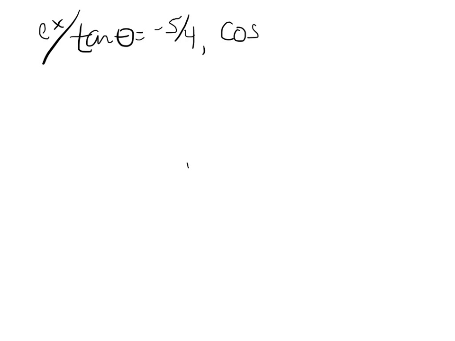So here's a little example problem. Let's say we're given that the tangent of an angle is negative 5/4, and that the cosine of that same angle is positive, and we need to find the sine of the angle. Well, first I'm going to set up my axes.